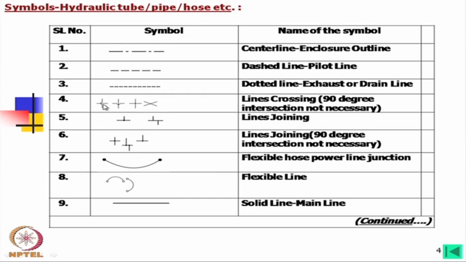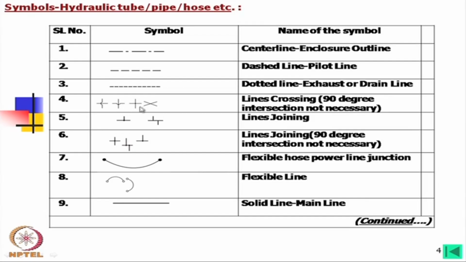Now, very often we have to draw one pipeline crossing another while drawing the circuits. Physically we can say that these are two separate pipes. Now, suppose a line is like that and a line, and some lines are like that.